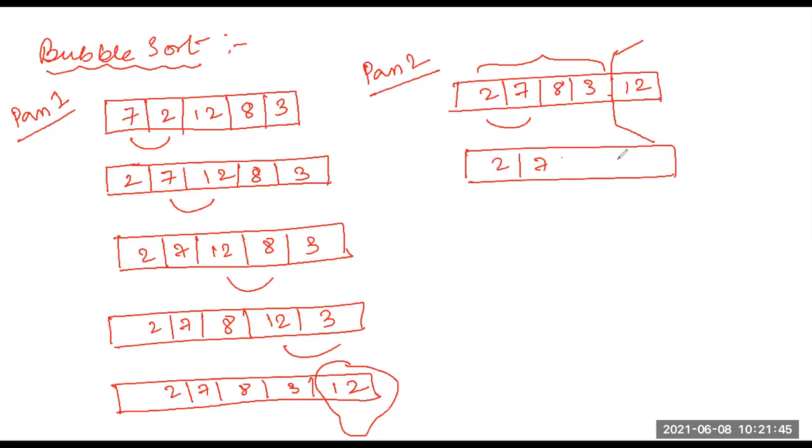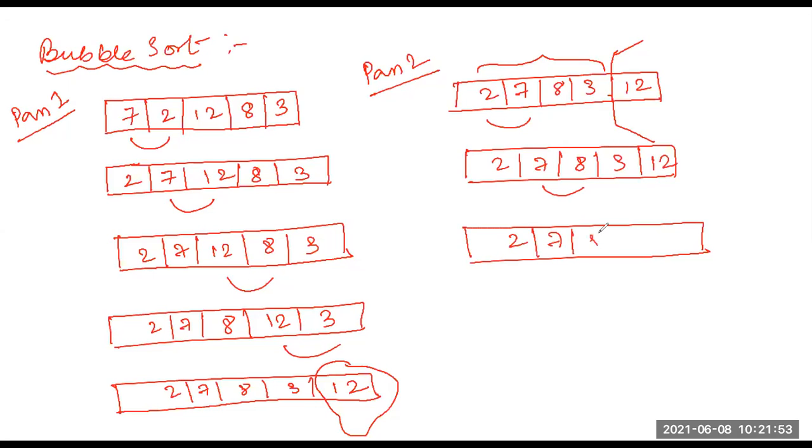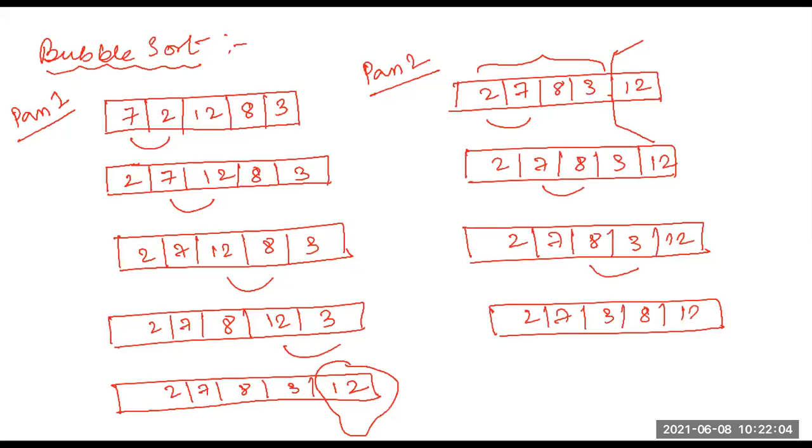Then I compare 7 and 8. 8 is the larger one and is already at the right position. Then I compare 8 and 3. 8 is the larger one, so it should interchange and move towards the last. Fine. After pass 2, this portion is already sorted.